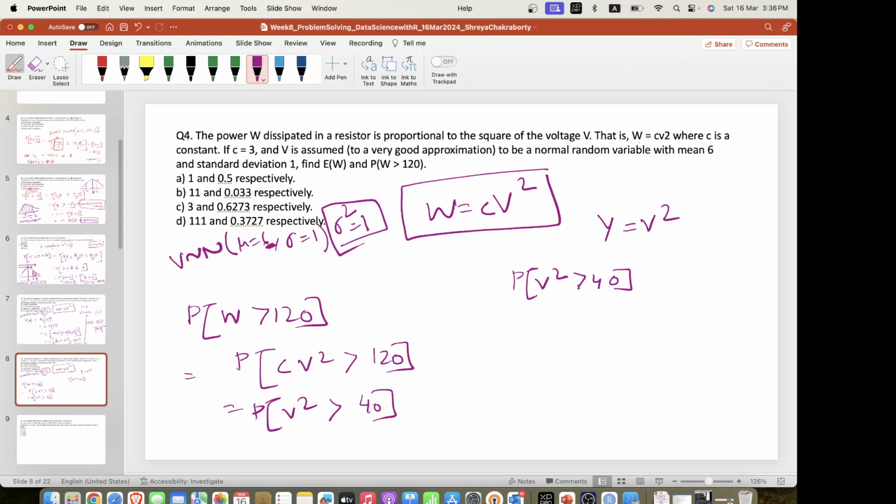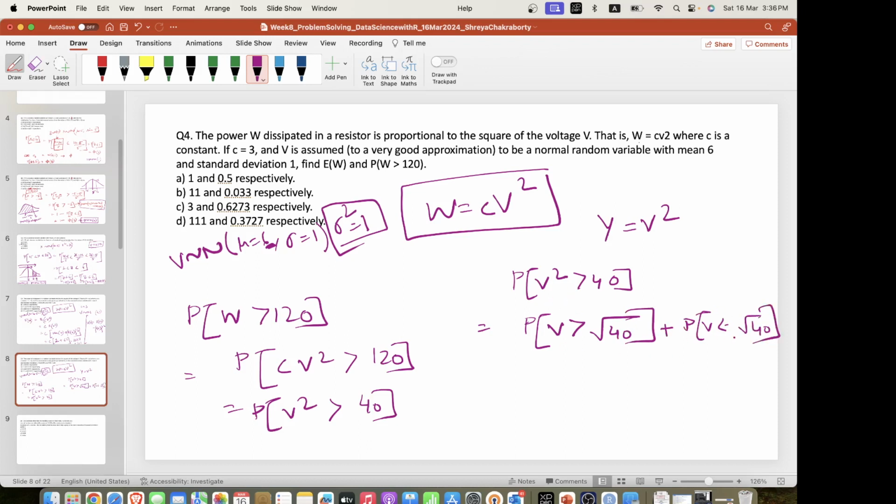Ma'am, can't we take the square root here so that we can find V, and after that we can find Z? Yes. So probability V square greater than 40 means either V is greater than root 40 or V is less than minus root 40.